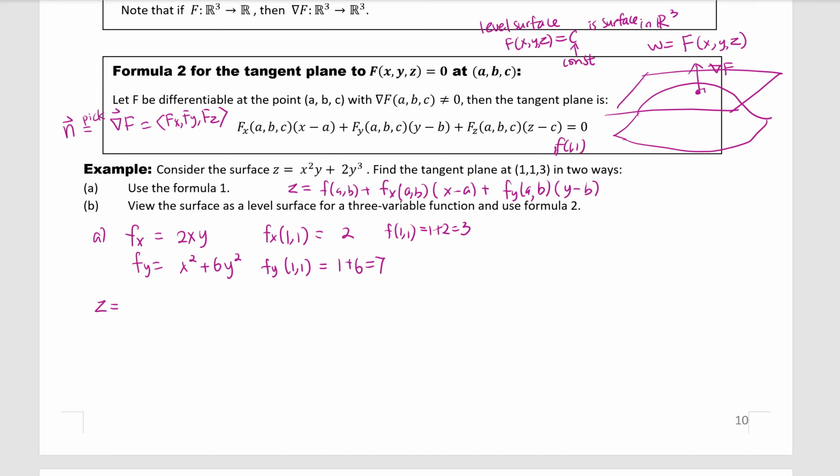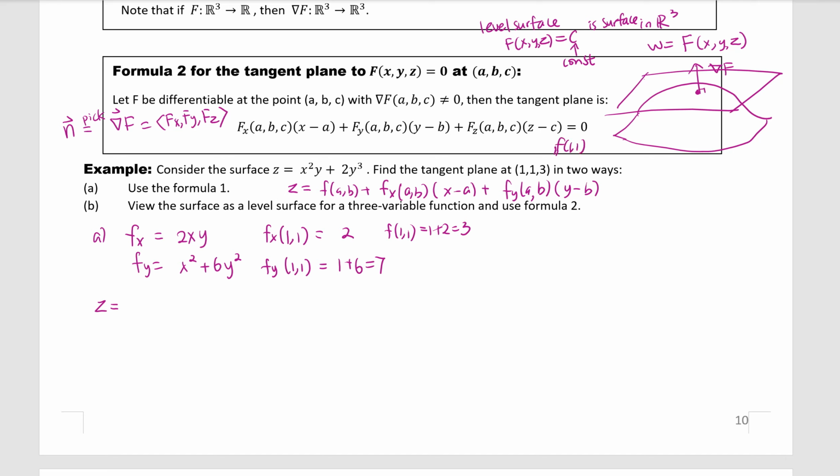Then fx is minus 2xy, right? Fy will be minus x squared minus 6y squared, right? Fz will be 1. So far, so good, everybody?